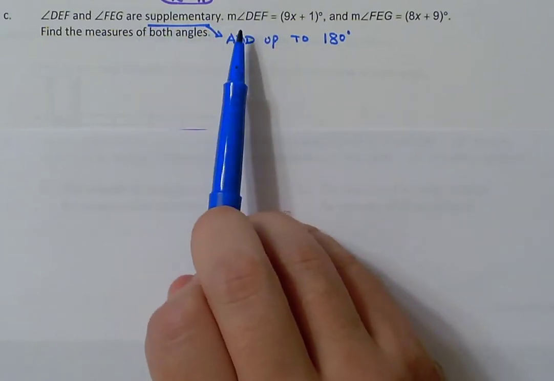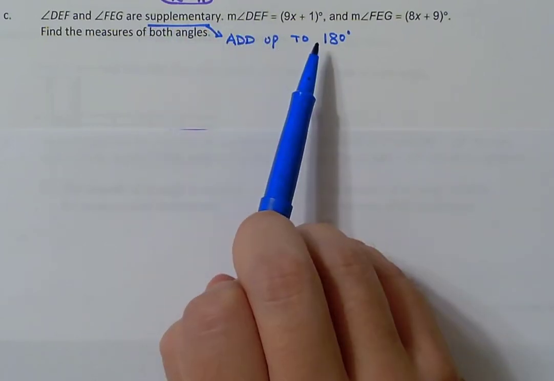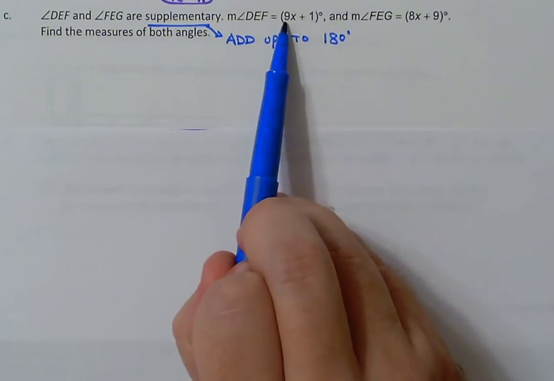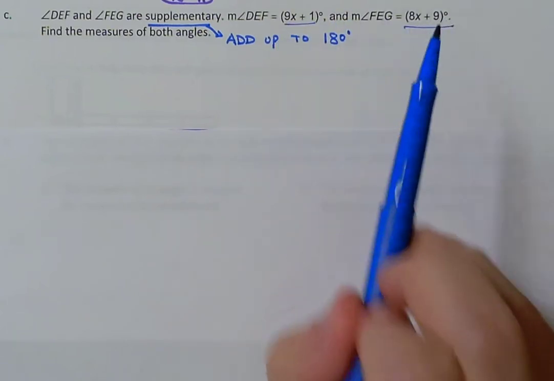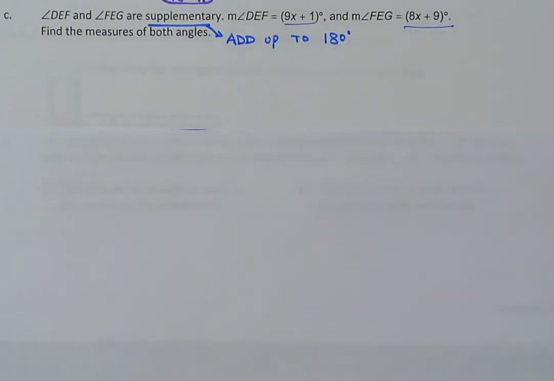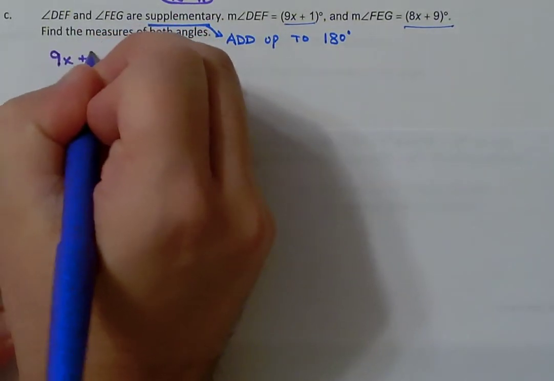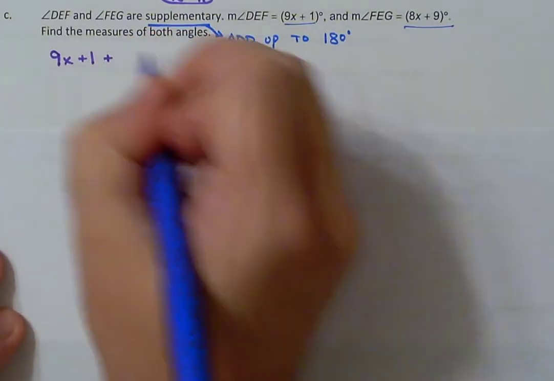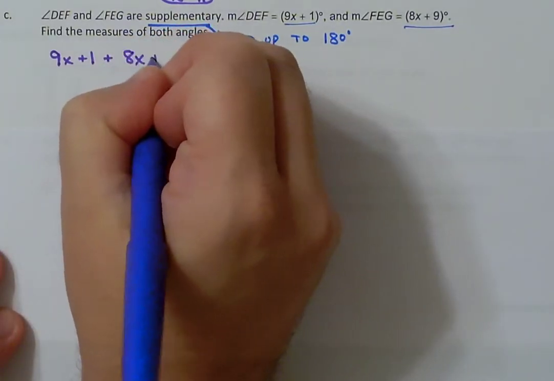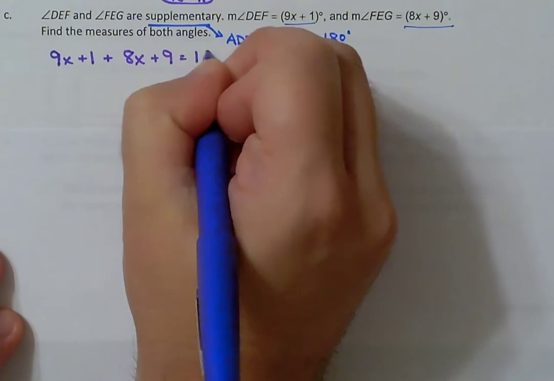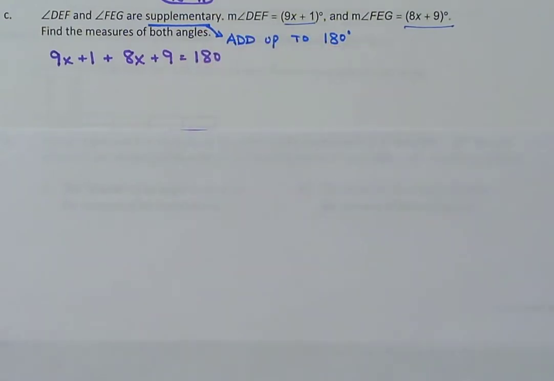Because these are supplementary, that means they add up to be 180. So I'm going to take both of these expressions, add them together, and set equal to 180. So we're going to have 9x plus 1 plus 8x plus 9 equals 180.